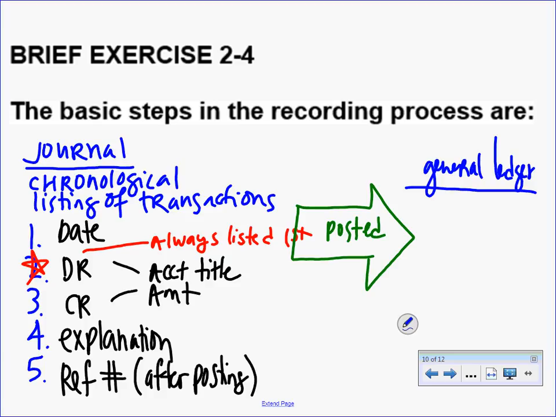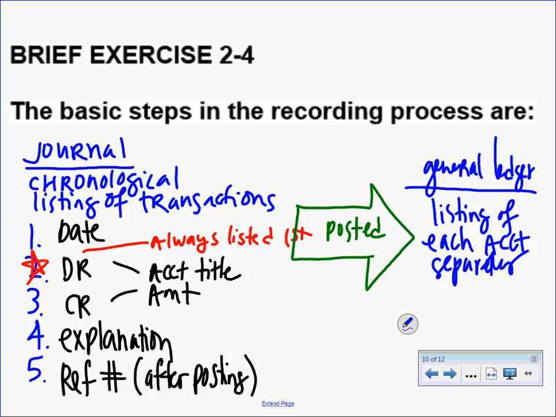The general ledger is a listing of each account separately. Spelled that one wrong too. It goes in this order: assets, liability, owner's equity. I'm running out of room. Revenue and expenses.